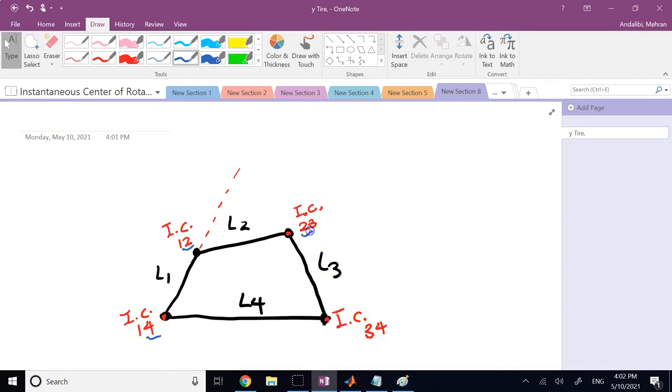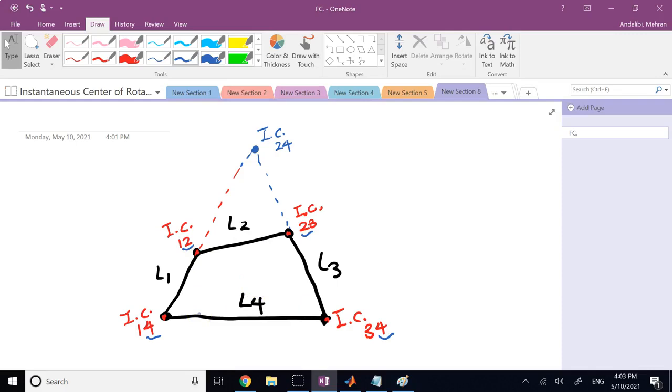One of them has 2, one of them has 4. So 2, 4 should be on this line as well if you connect. So that point is the instantaneous center of 2 with respect to 4. That's the hypothetical point on the member 2 that you can say member 2 is rotating about it with respect to the ground. But there are other ones, again, as I said.